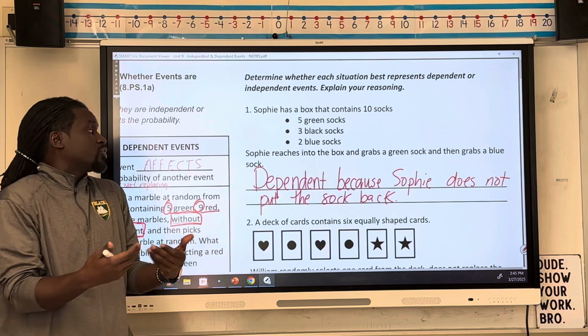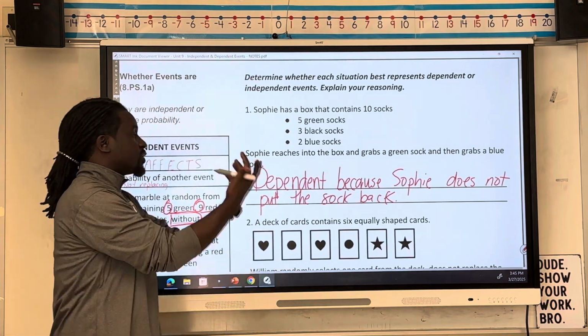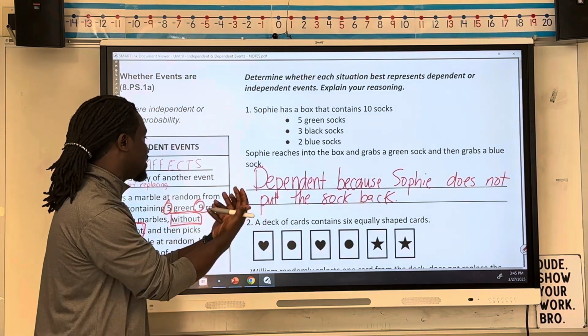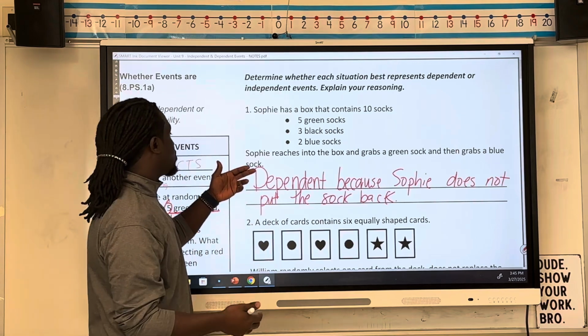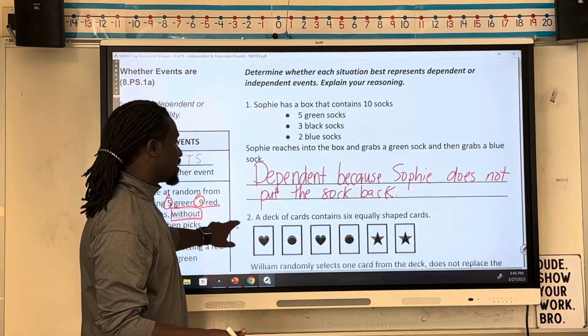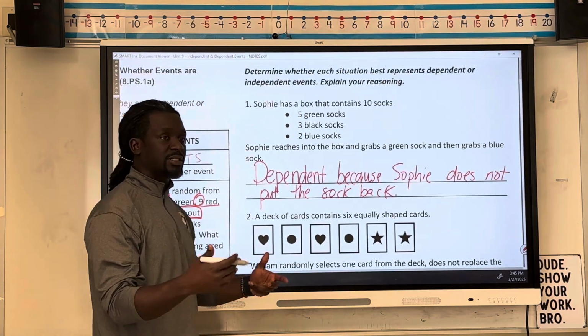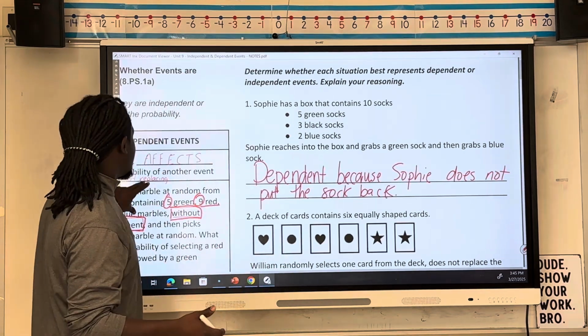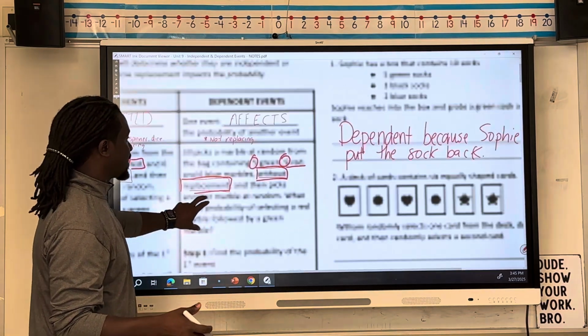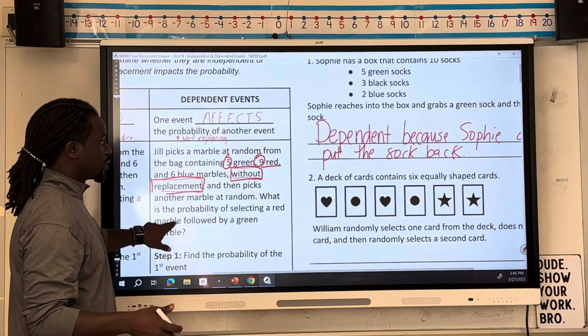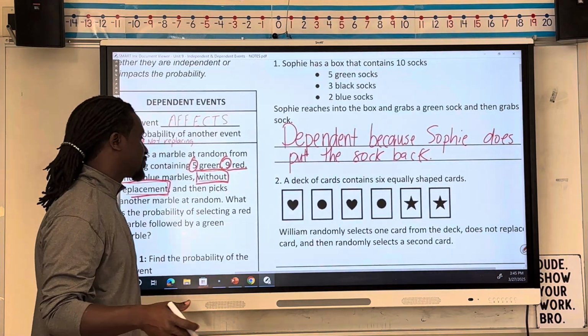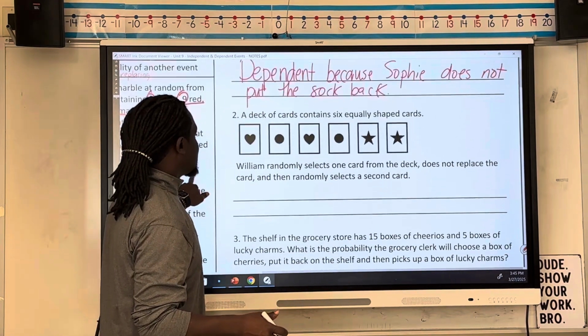Then the second time, there are going to be fewer socks. So there's going to be a greater probability of getting a blue sock the second time. Okay. So again, it changes, and so it does affect. The first one does change the second one.